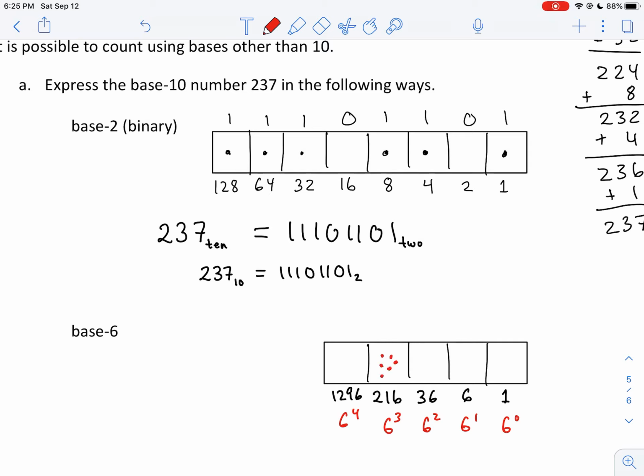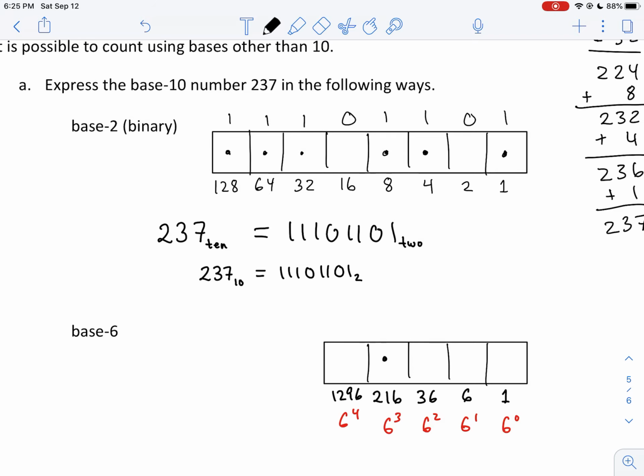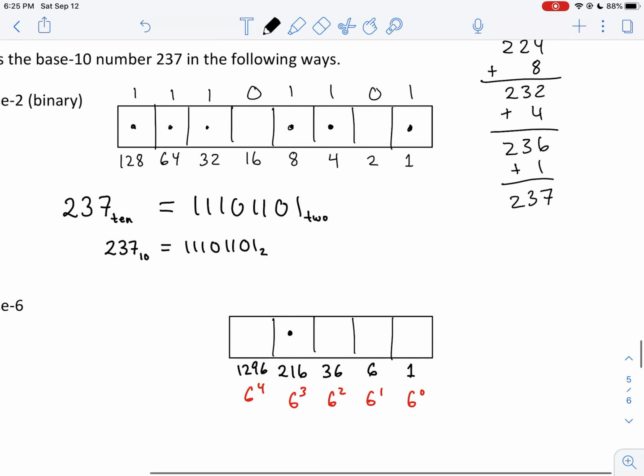It's only when you get a 6th that this group of 6 will merge into a single dot over here. So we can have up to 5 dots per box. But in the first, I only need one dot in this box here, because 216 gets us close to 237.